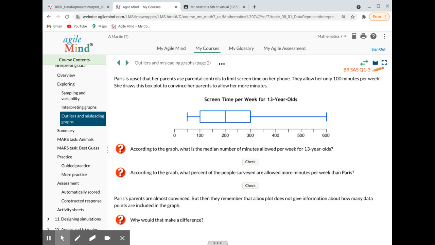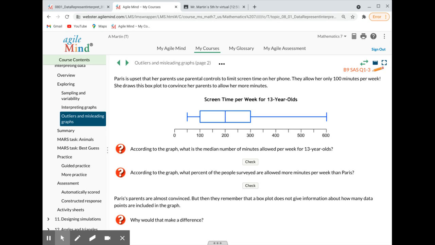All right, so looking at this, it says, according to this graph, what is the median number of minutes allowed per week for 13-year-olds? What do you think, Tamarian? What is the median? Vincent, help him out.